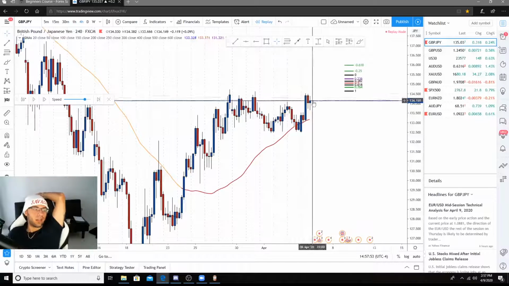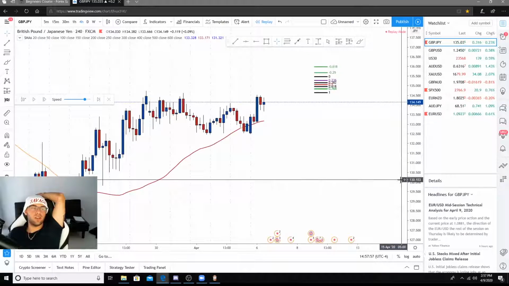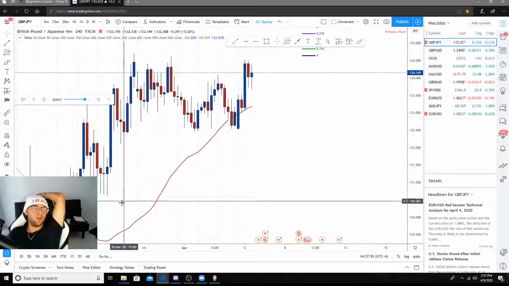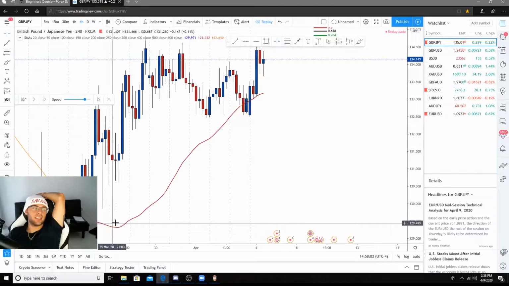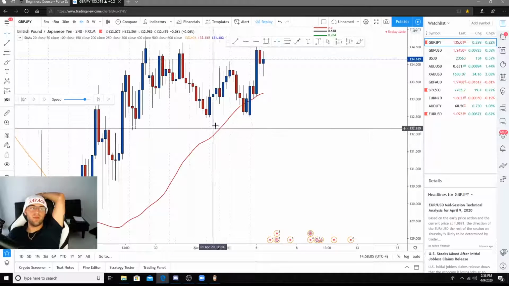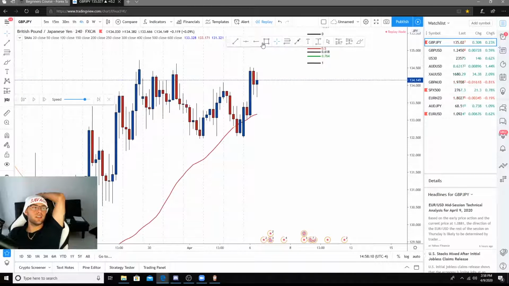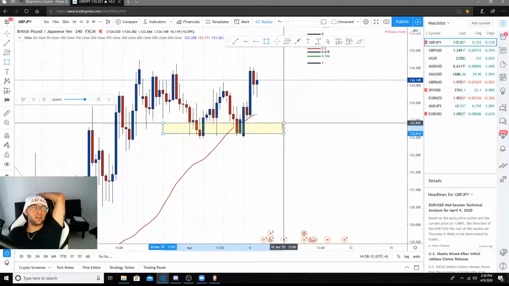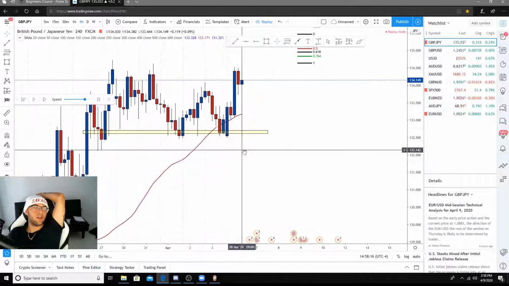So I want to show you here basically what it is. Notice how this was a huge push to the upside, so the moving average did take its time until it found its way back to price. Look at this. Notice how we're ranging here at this support on the 4 hour.